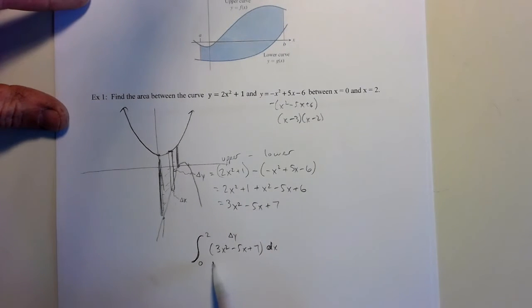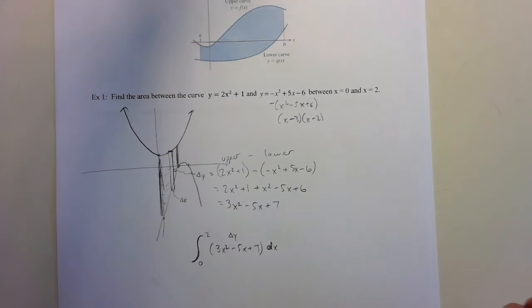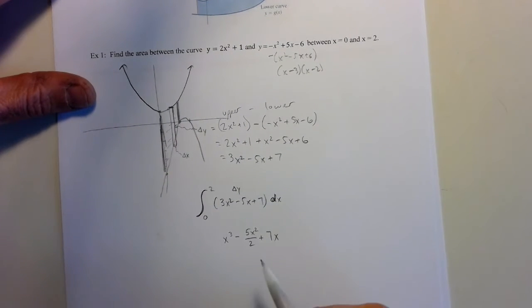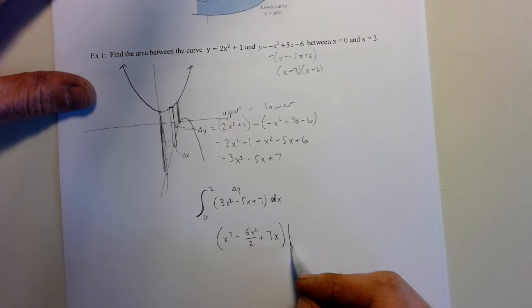You can see the shape is kind of random, so I'm just going to do my antiderivative. The antiderivative of 3x squared is x cubed, minus 5x squared over 2, plus 7x. Those are my antiderivatives there. Let's evaluate that from 0 to 2.